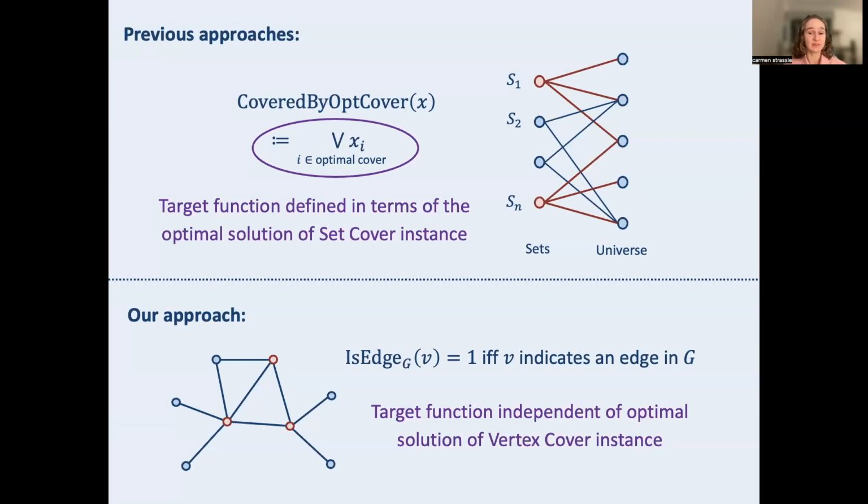And you'll notice that this target function does not depend on the optimal vertex cover, but we are able to nevertheless show that its decision tree complexity does scale with the size of the optimal vertex cover. This is crucial in our reduction, and it allows us to circumvent this roadblock in previous approaches.